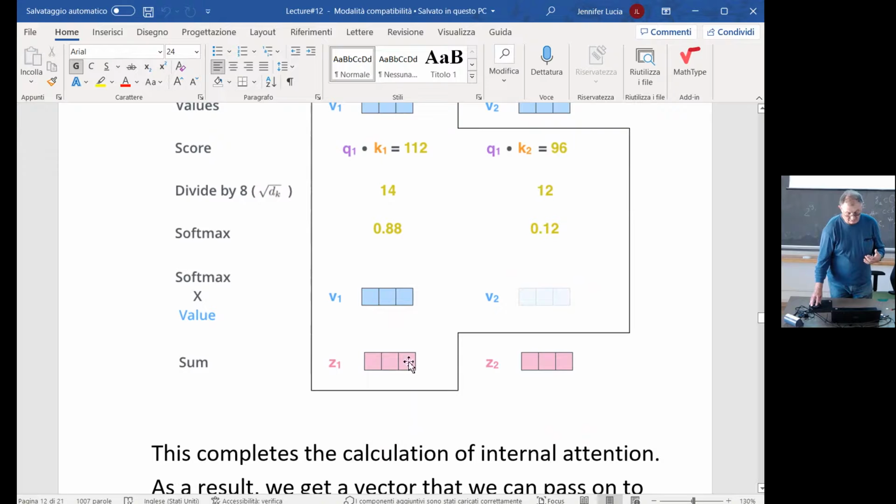Then softmax times V1, we have the value sum V1, V2, and the summation is Z1 and Z2.